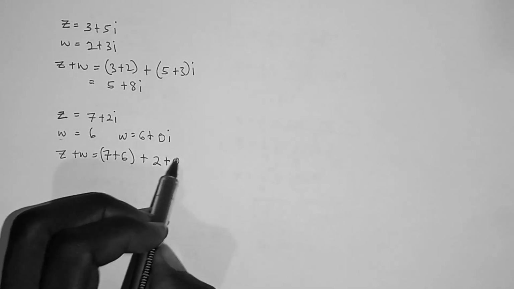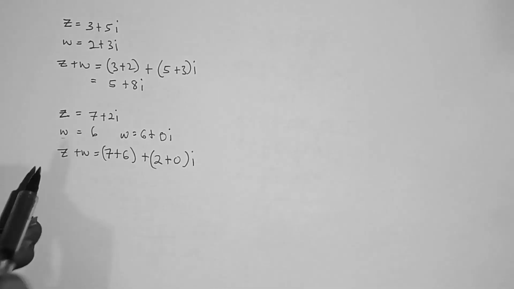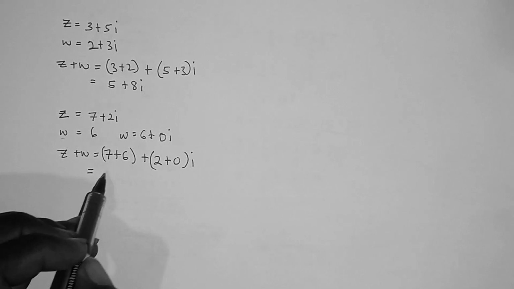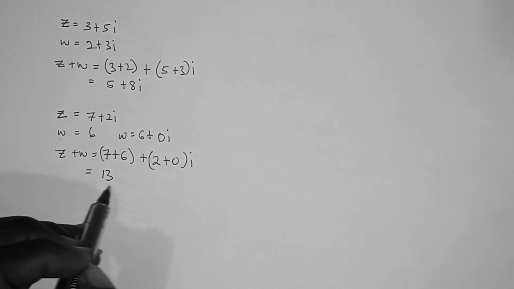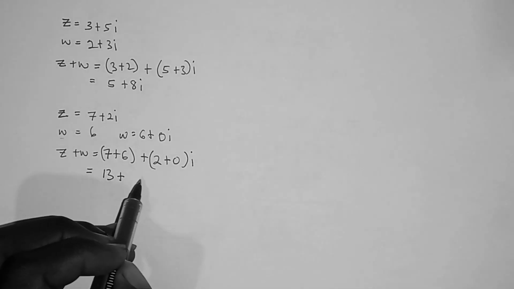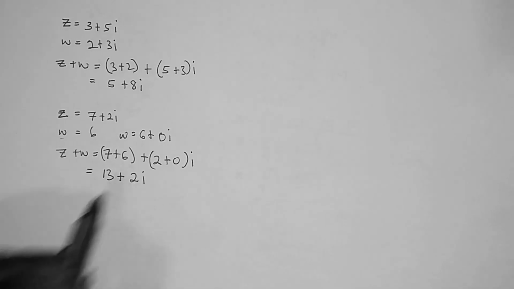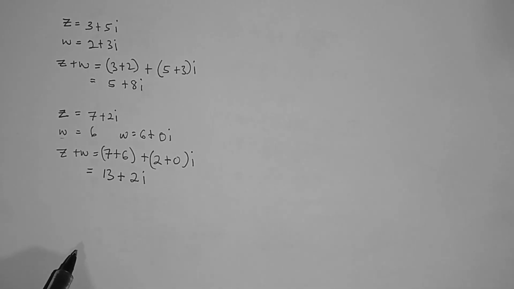So 2 plus 0i, and this is equal to 7 plus 6 is 13, and then 2 plus 0 is 2, so it becomes 2i, and therefore z plus w is 13 plus 2i.